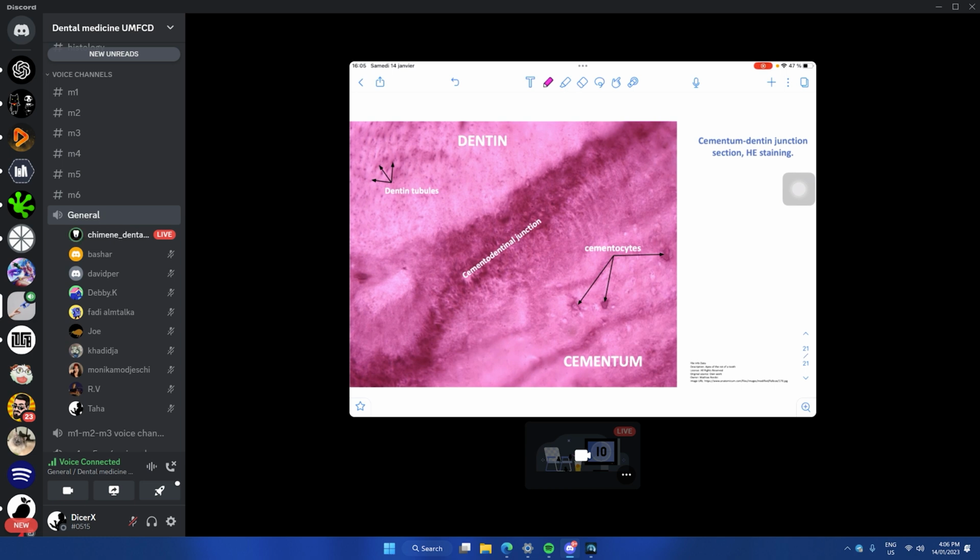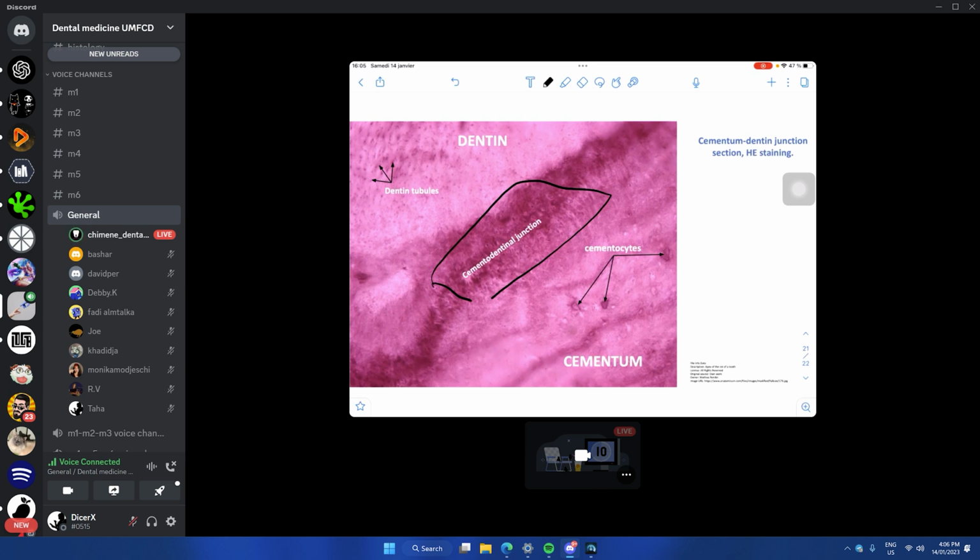Yeah. What else? Okay. Let me draw in another color. As I've said to you, here you are in the cervical part of the tooth. In the cervical part, you have a connection, a kind of separation, between the dentin and cementum, and this connection is the cemento-dentinal junction.